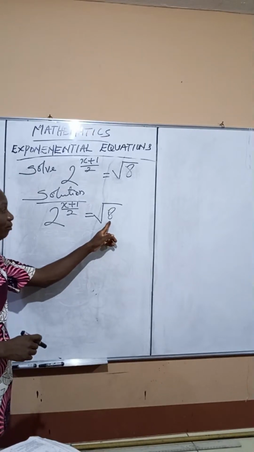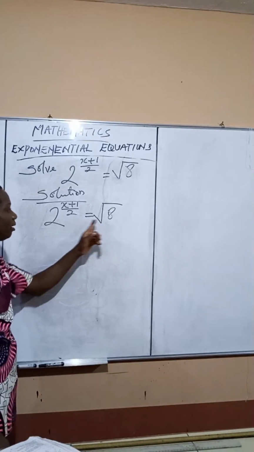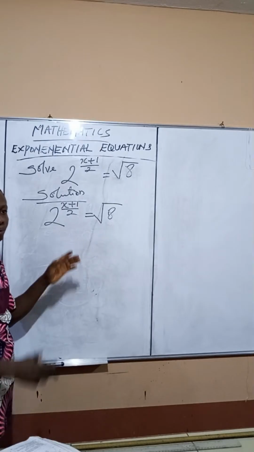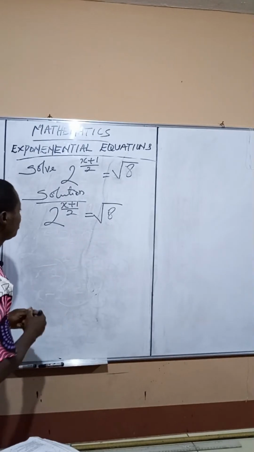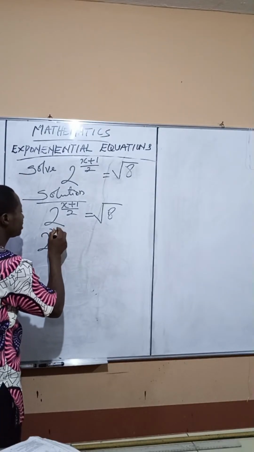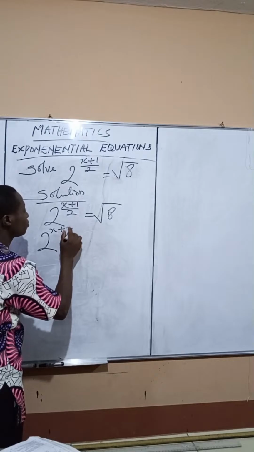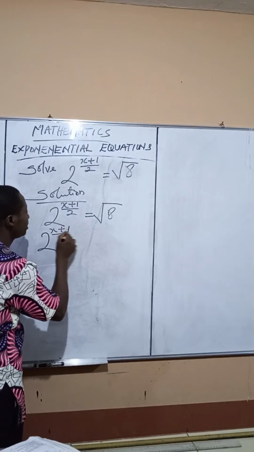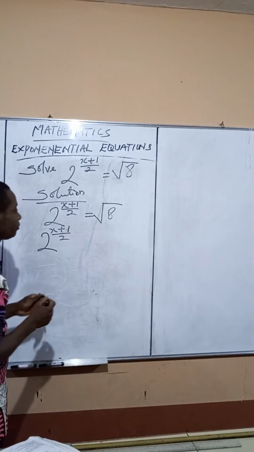Remember, our aim is to ensure that both of them have equal base. That is very important. So we are simply going to write this 2 raised by x plus 1, divided by 2, this is raised to power, then equals to.